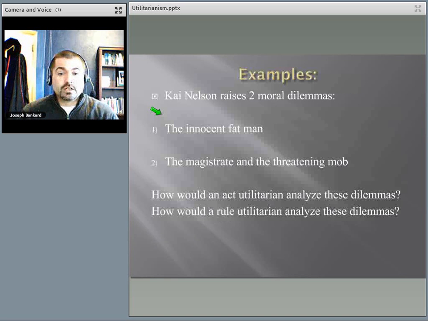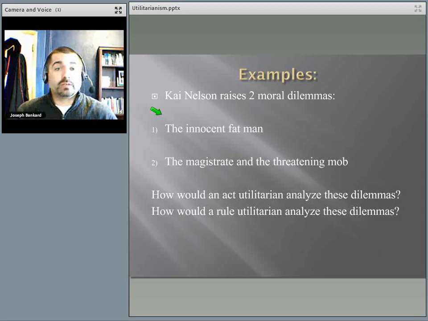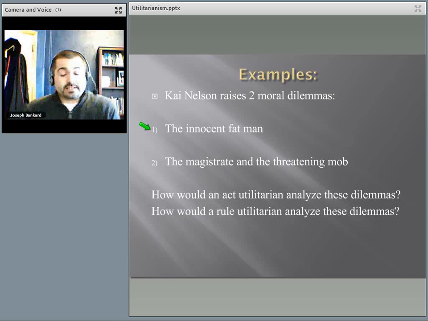So let's look at some of the examples we looked at before. This situation with the innocent fat man stuck in the cave, they can't get out. Do I blow this person up and let 9 escape? I think a rule utilitarian is going to say, what if we made this a rule for everyone in similar circumstances to follow?